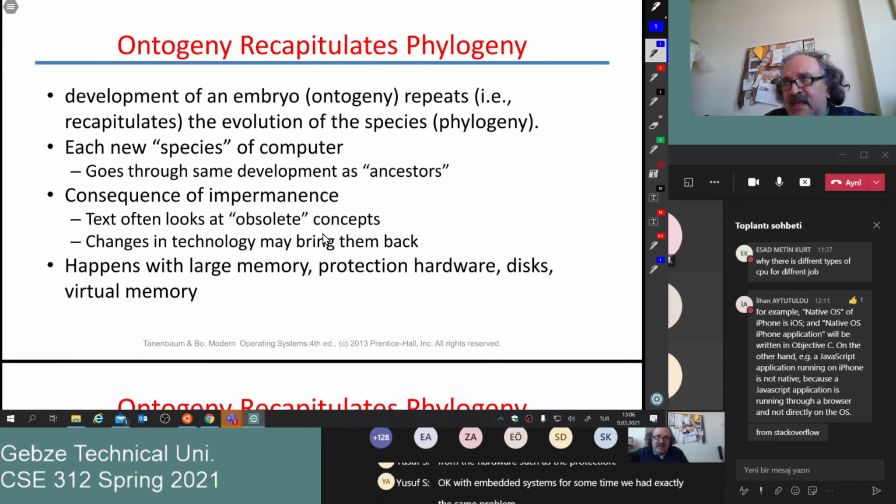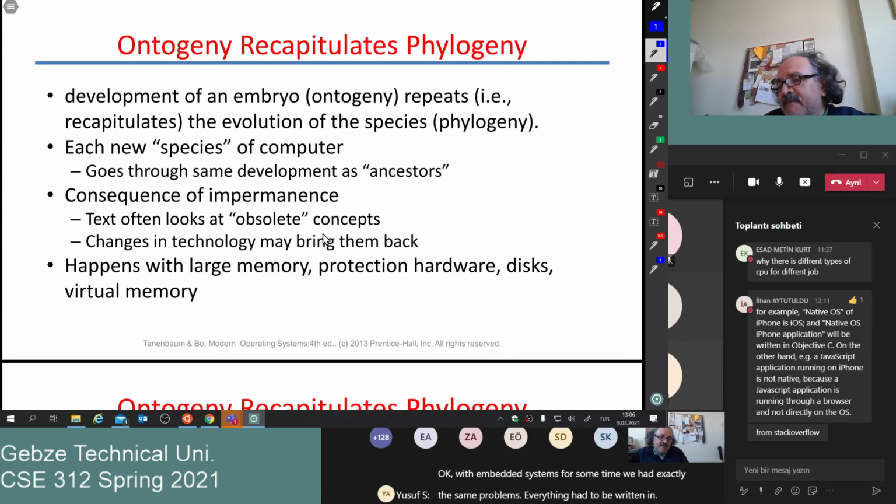Everything had to be written in assembly, no memory protection, no compilers, etc. So what we mean here is that whatever they had to solve during the 50s, 60s, 70s, and 80s, we are solving those problems over and over again for the new types of computers.